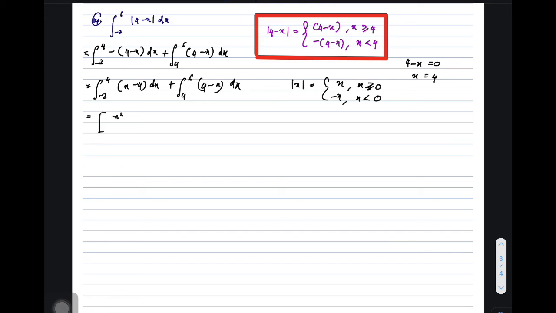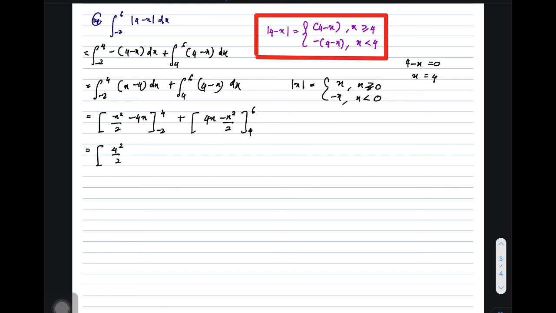Next we integrate: x squared over 2 minus 4x, negative 2 until 4, plus 4x minus x squared over 2 with the limit of 4 until 6. Next, substitute with the values.